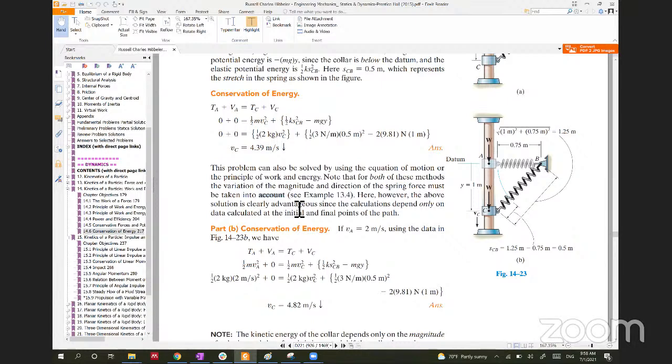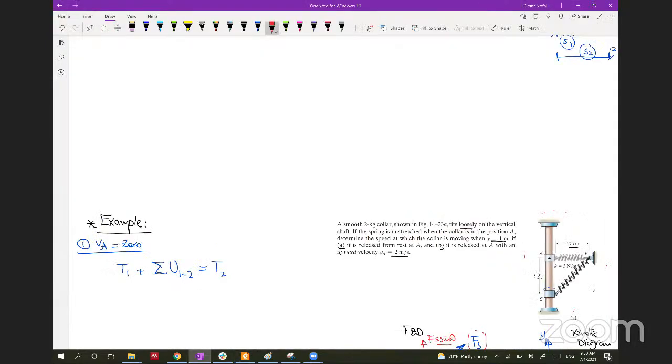In both methods you have to account for the fact that Fs is changing: at this location the spring has one theta, at this location a different theta, and at this location another, so theta keeps changing and so does the spring force.